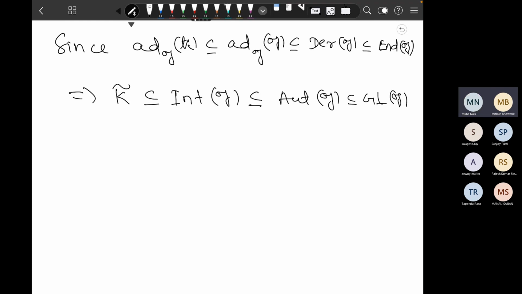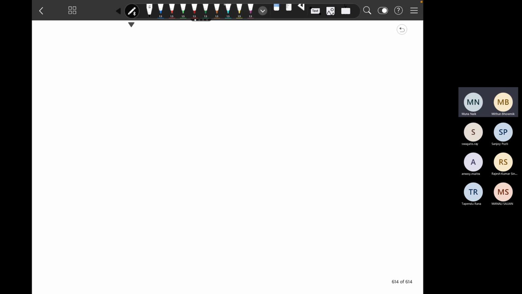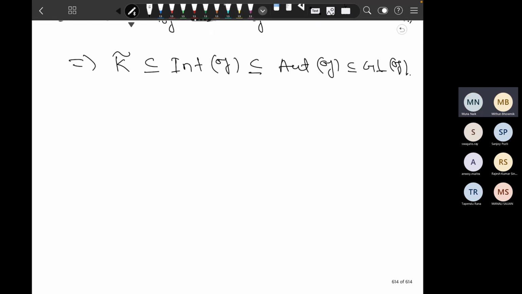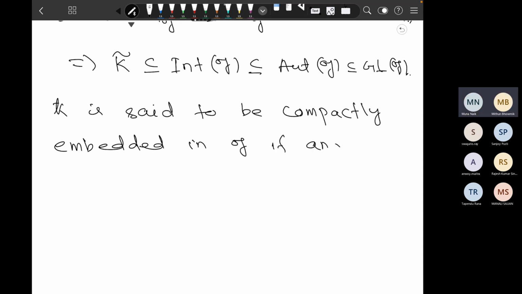So this is my situation. Now I am giving an important definition: K is said to be compactly embedded in G if and only if this K tilde is compact.